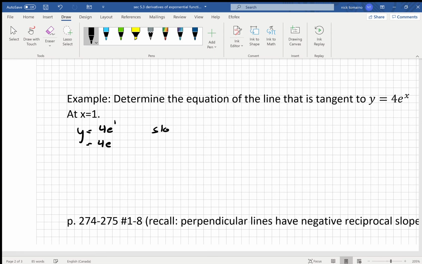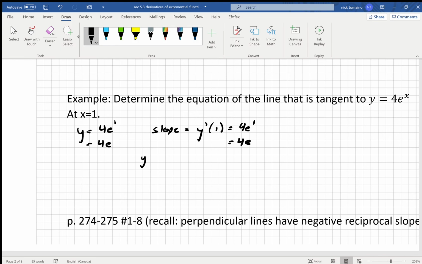The slope of the tangent is equal to the derivative at the value of x. So the derivative is actually the same, right? So it's 4e to the 1, also equal to 4e.